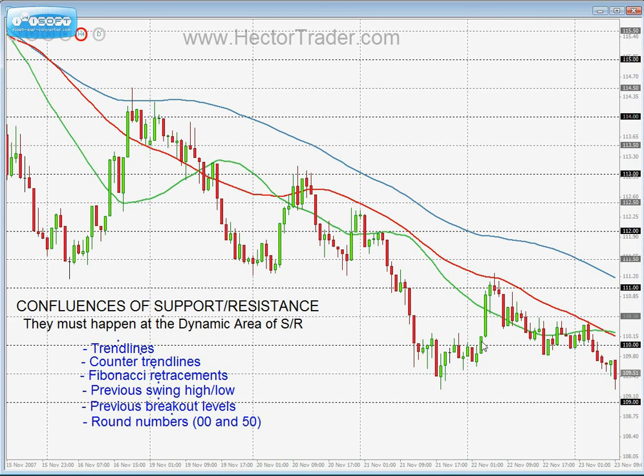Well, this was one of them, the confluences of support and resistance around the dynamic area, and always in a trending scenario. Once you have those 3 conditions, okay, a trend, a dynamic area of support and resistance, and then a confluence within that area, any bounce off that level, as you confirm the turnaround, that's a high probability trade. 70% of your trades, 80, 65, 75, anywhere around there, they are going to become winner trades.